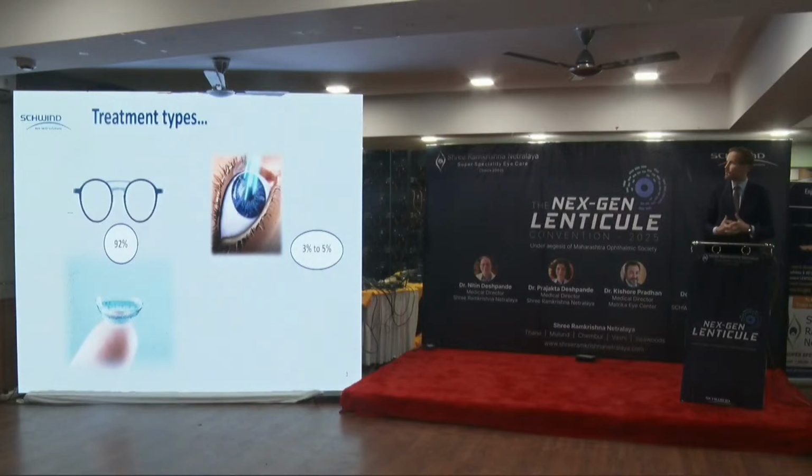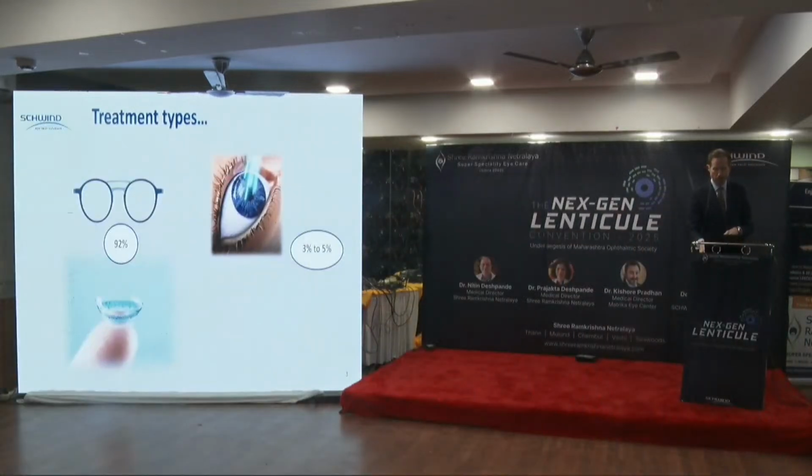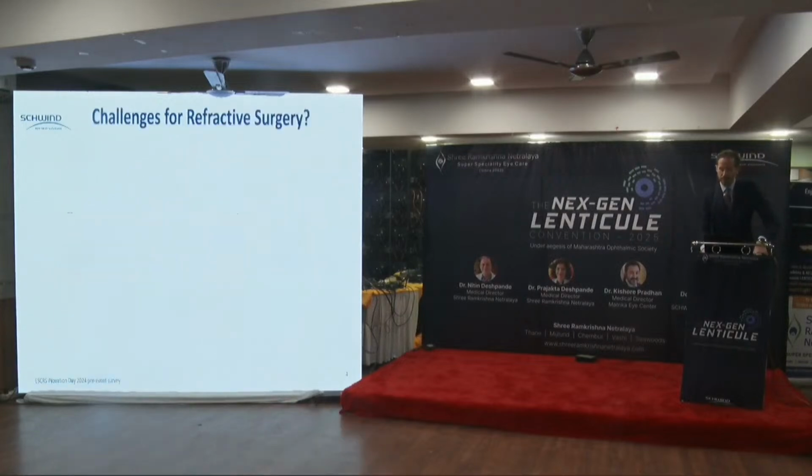And the opportunity is tremendous, actually. We still have the intraocular refractive lenses, which are growing as well, also from a relatively small base. So the question is, what does it take to convince more patients, and how do we increase refractive surgery 10 times and get to 50%?